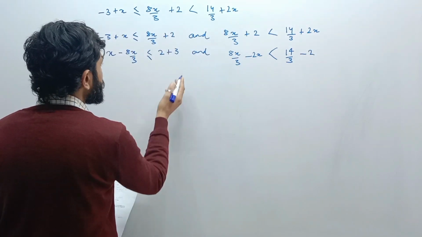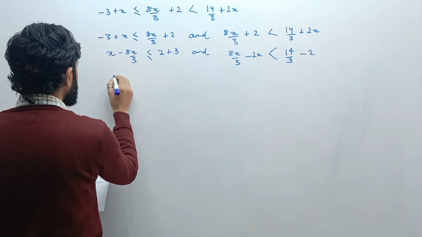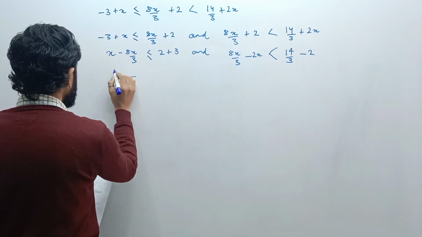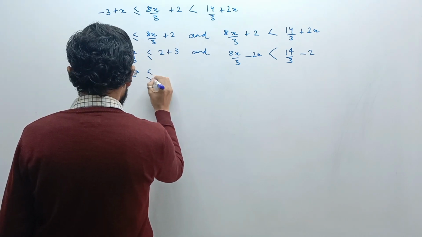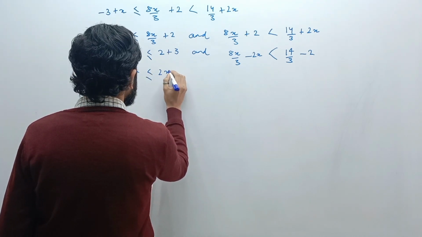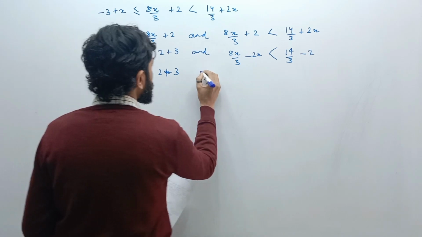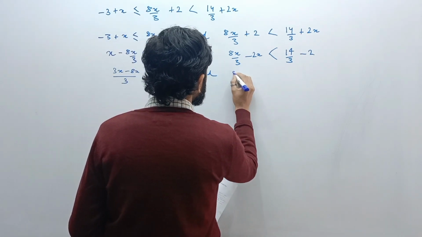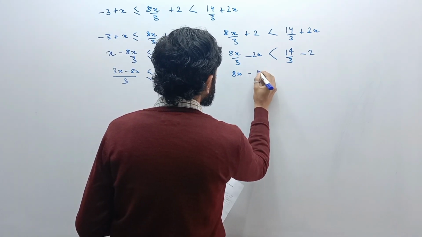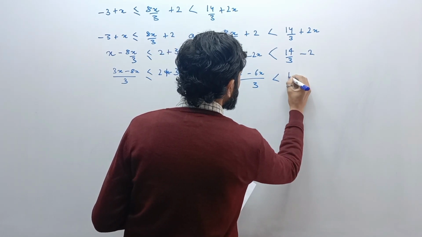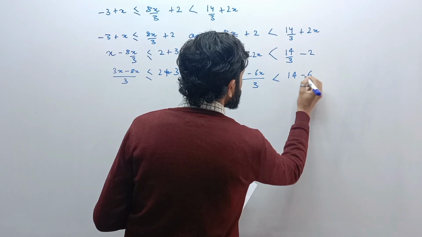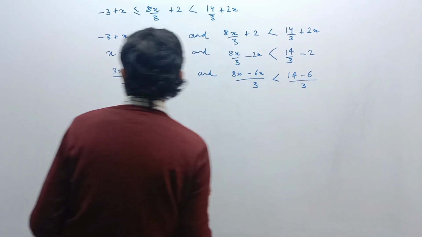Now taking the LCM, which would be 3, it will become 3x minus 8x is less than or equal to 2 plus 3, and 8x minus 6x upon 3 is less than 14 minus 6 upon 3.